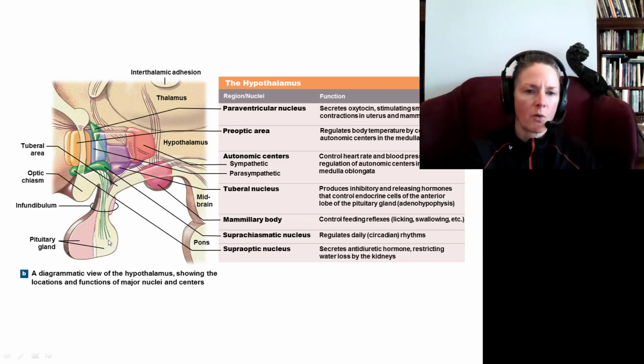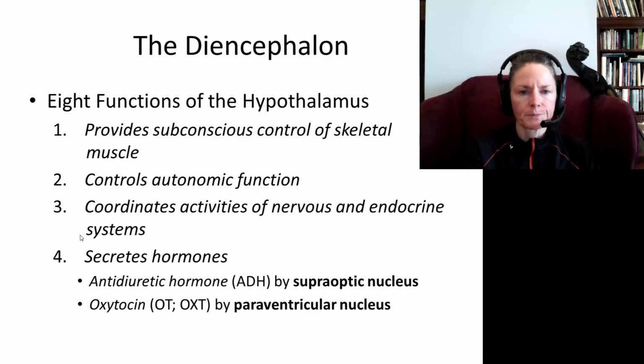Not only do we have hormones that are made in the hypothalamus and secreted via the pituitary gland, but we also have hormones made by the hypothalamus that directly affect the anterior part, or the front part, of the pituitary gland. Those hormones are released into local circulation and signal the anterior pituitary gland to release its own hormones. We'll talk a lot about that when we get into the endocrine system.